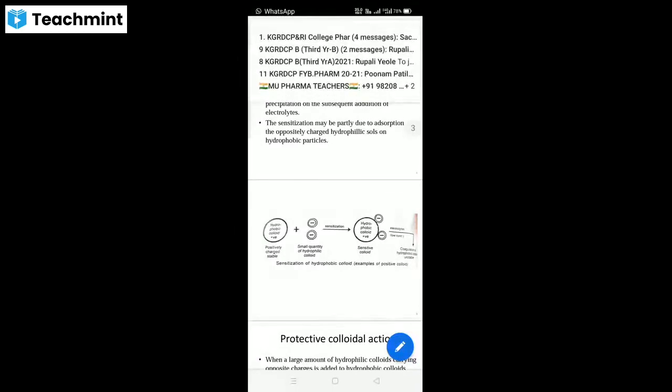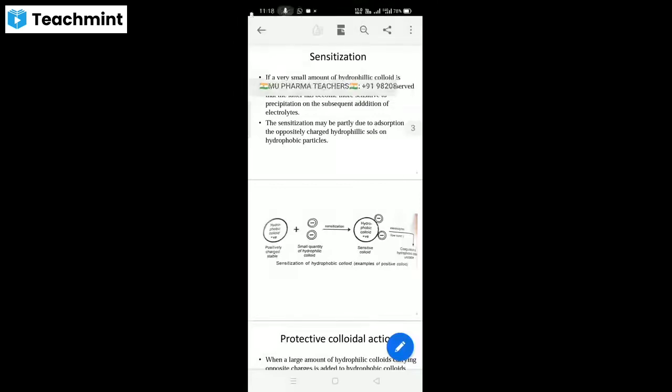In this case, our lyophobic particle has sensitivity towards the electrolytic ions, but it will vary depending upon two things. How many charges are there on our particle? That is the zeta potential. If the zeta potential is more, one case. At the same time, how many charges are there on the electrolytic ions?